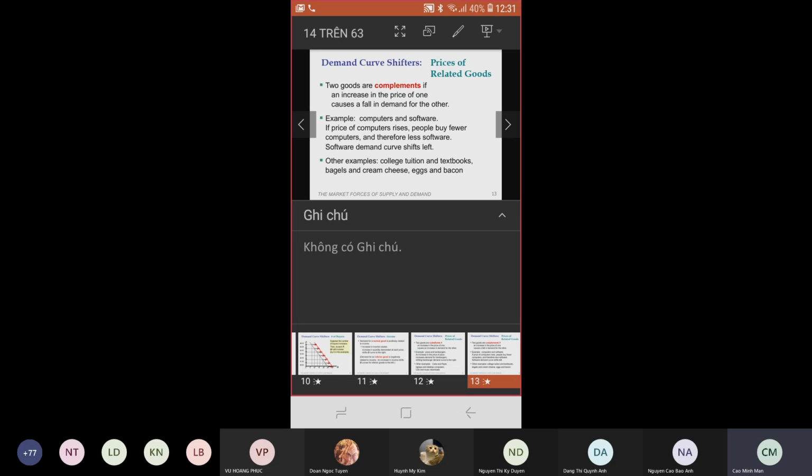So my demand of burger is lower. So we would say if the price of complement is higher, demand is lower. And then the demand curve shifts to the left. Easy, huh? Okay.